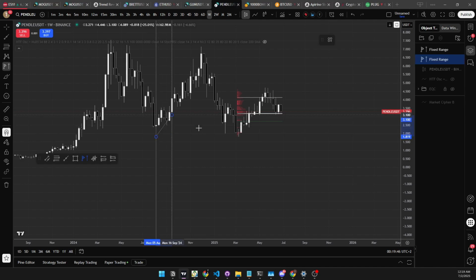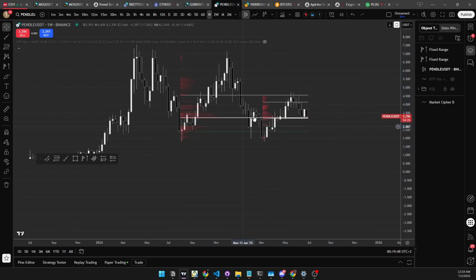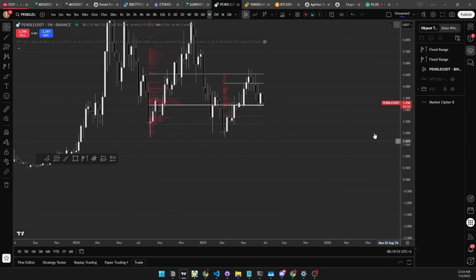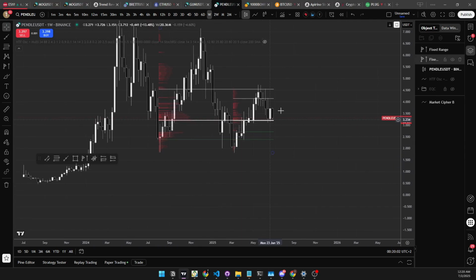Now we could take one from here, right? And you see that these line up, right? So that could mean that it is a relevant zone. So we might get a nice bounce here, right?